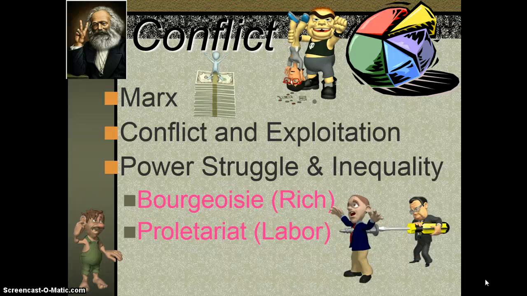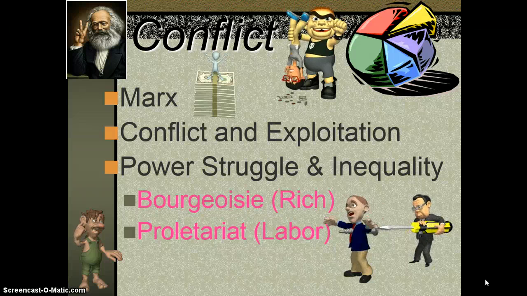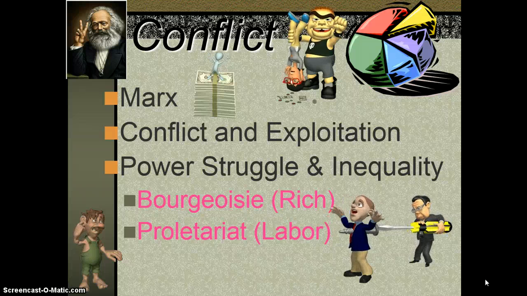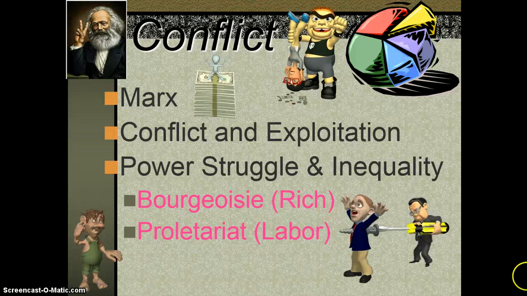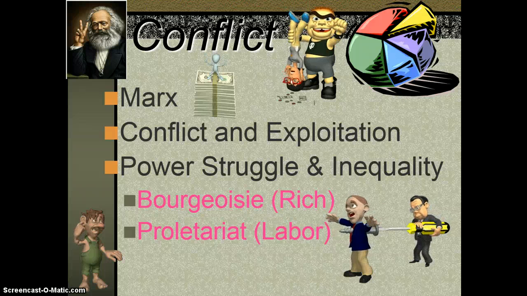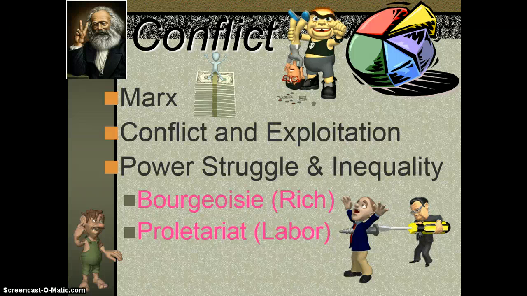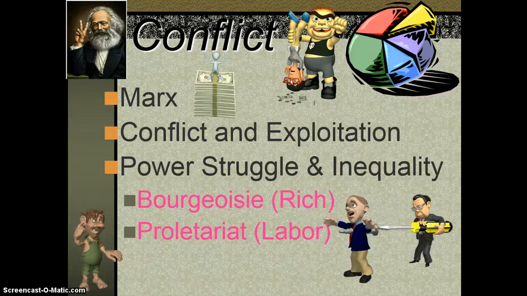Or we could put it more nicely and say, who's getting the raw end of the deal? Who's getting the least amount of pie? You could think of it that way. So that's what you think of anytime you hear or read about the conflict perspective. I want you to think, who's getting the raw end of the deal? What is the power struggle that's going on within society? And that's what Karl Marx and the conflict perspective is all about.